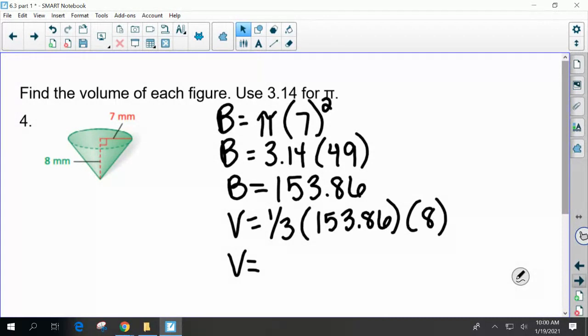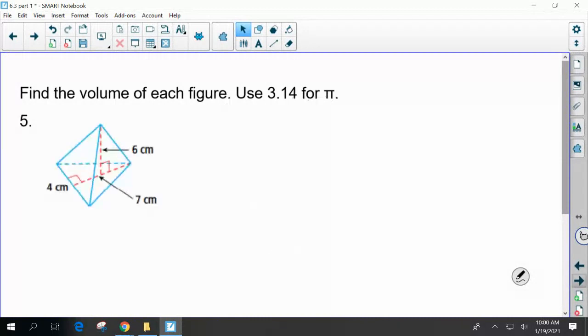So 1/3 times 153.86 times 8 is what? 410.29. Okay, millimeters cubed. Don't you have to do a little line? Yeah, you can. Okay, so I would like you to pause your video and do number 5.